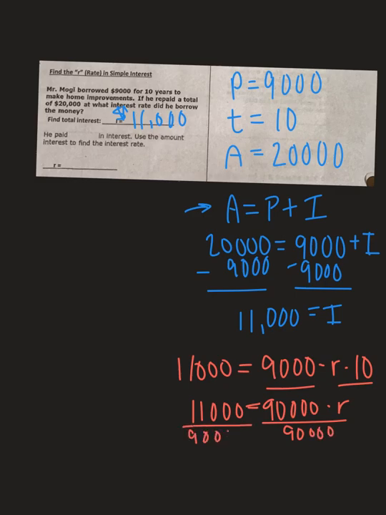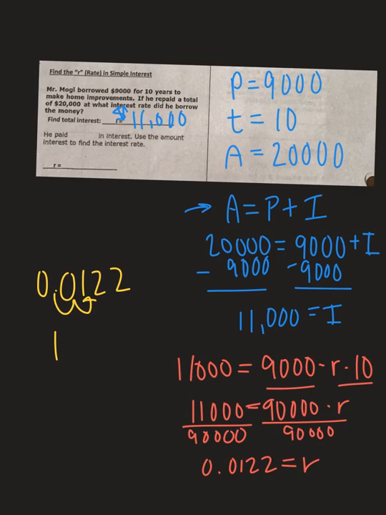And when you do this, you should get 0.0122 equals R. But remember our final step, we want to put our answer in percent form. So 0.0122. Move your decimal twice, so your percent should have been 1.22% was the interest rate.